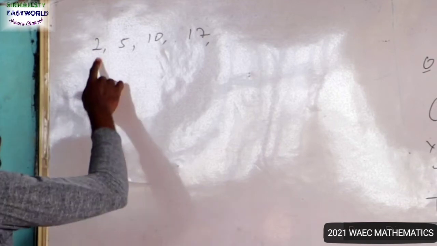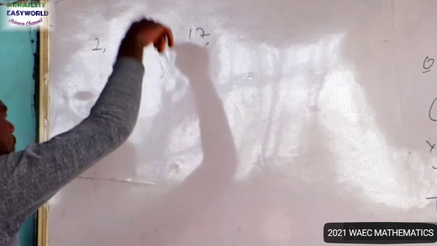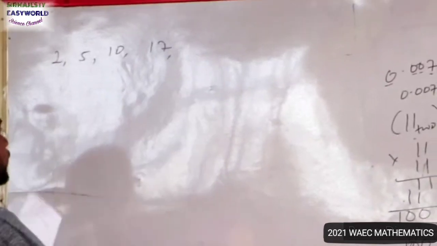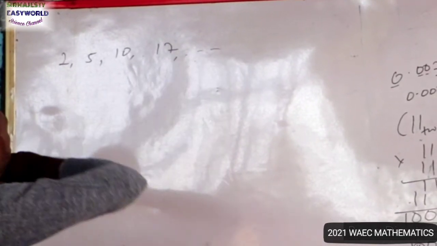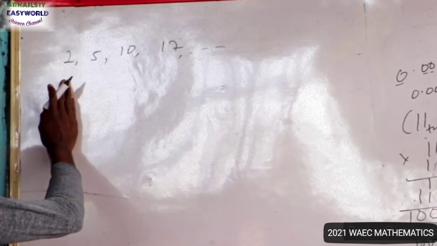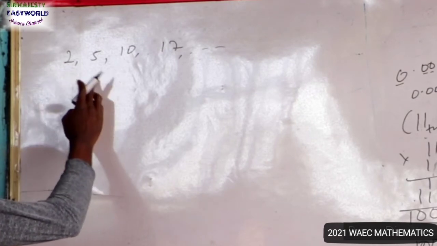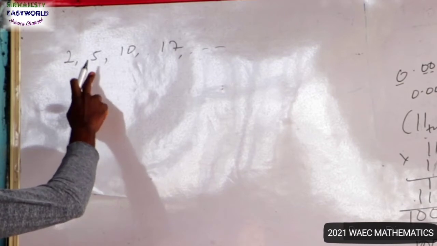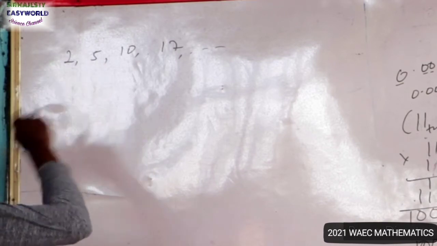They are looking for, this is first term, second term, third term, fourth term, then the fifth term should be what? If you check, let's say you say 1 plus 1 will give you this. If you say 2 plus 2, it will give you 5. So it's not in that mood.